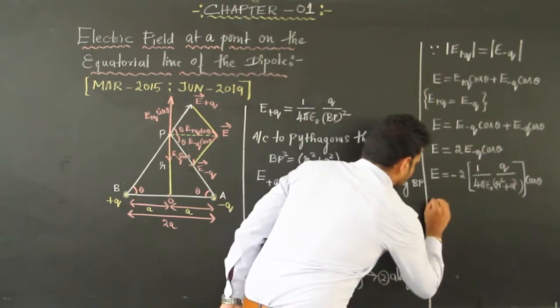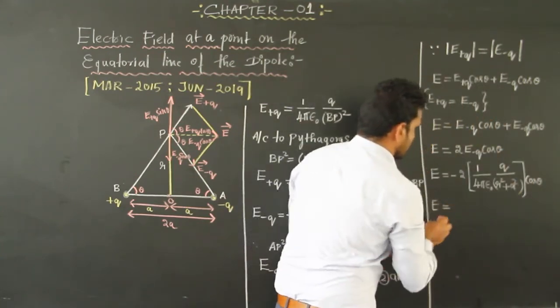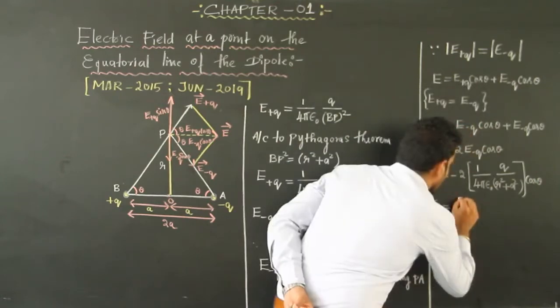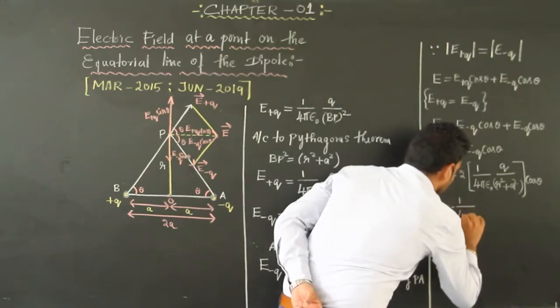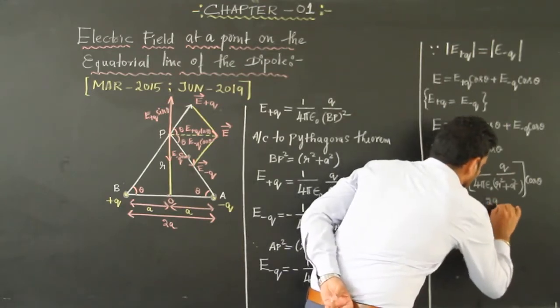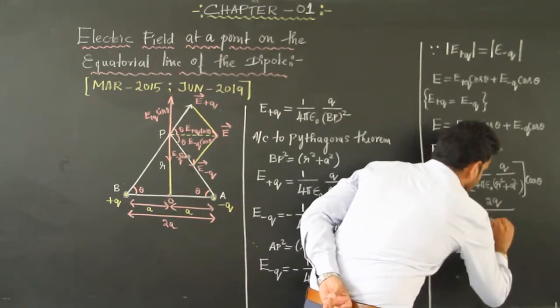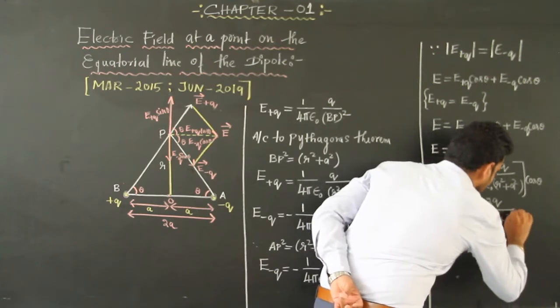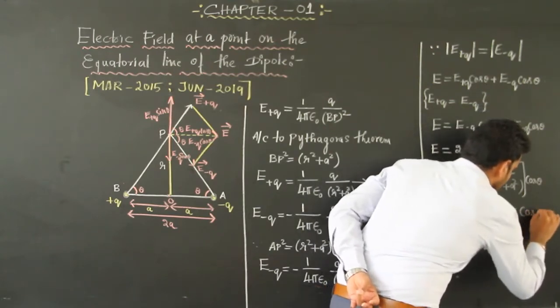Now I am going to simplify the equation like this: minus 1 over 4 pi epsilon naught, 2Q divided by R square plus A square, cos theta.